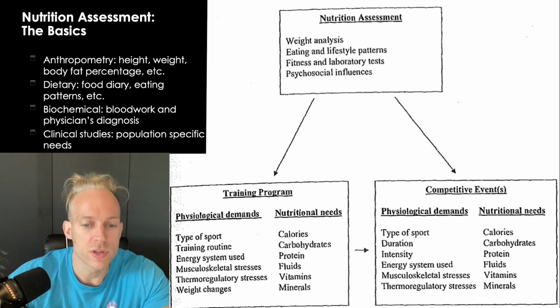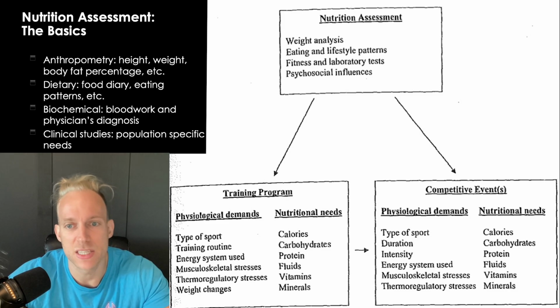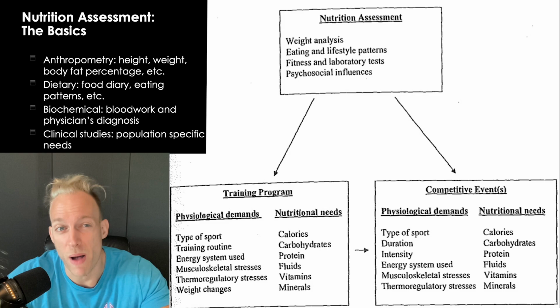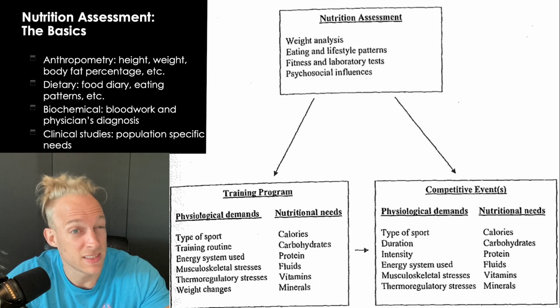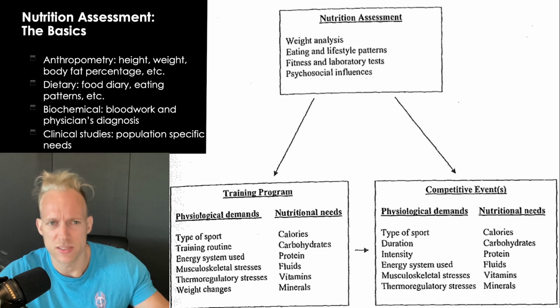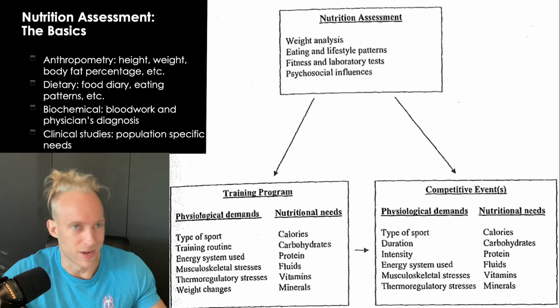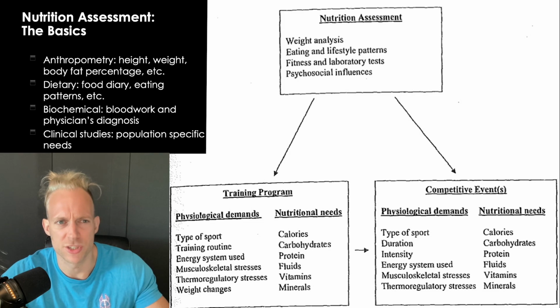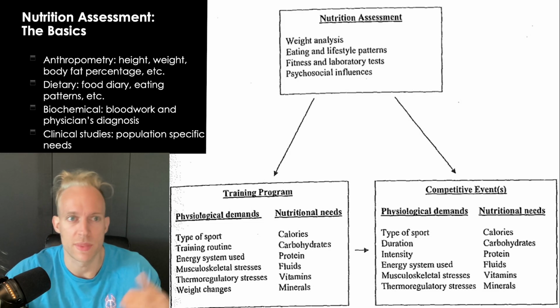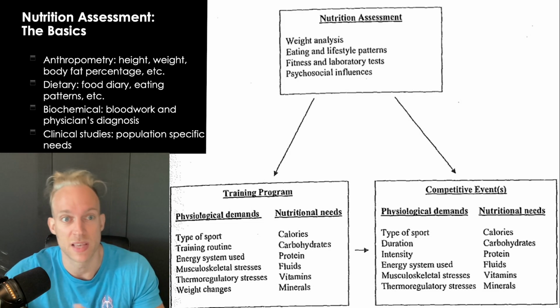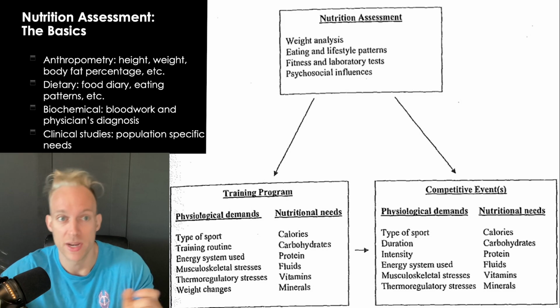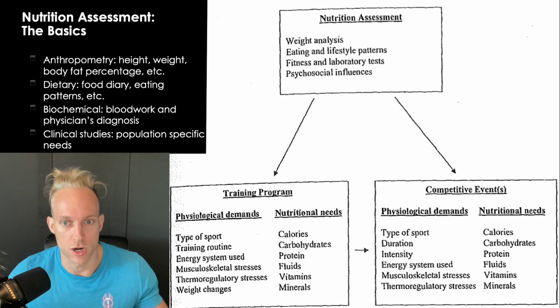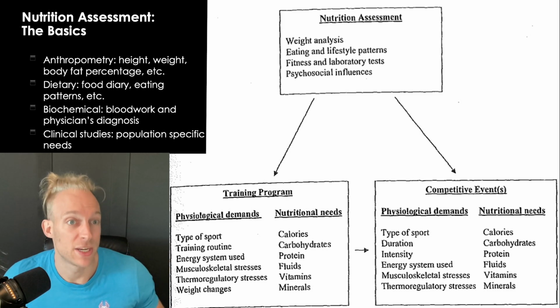Number 4, what does the research say about any special considerations? So population-specific needs and clinical studies around those individuals. So we kind of already talked about the special pops, type 1 diabetes, hyperlipidemia, all of these conditions that an individual can be suffering from that will dictate what their nutritional needs actually are in that moment and in planning out longer term. But what about population specific?